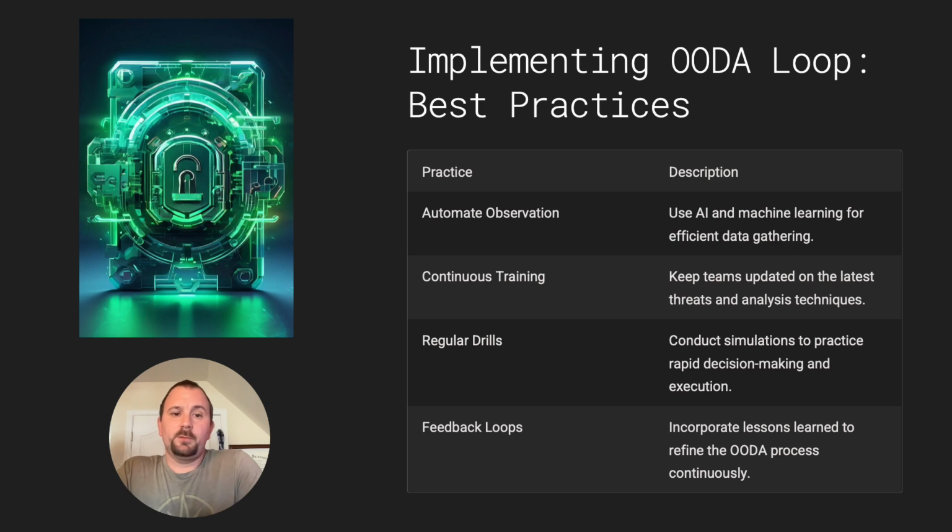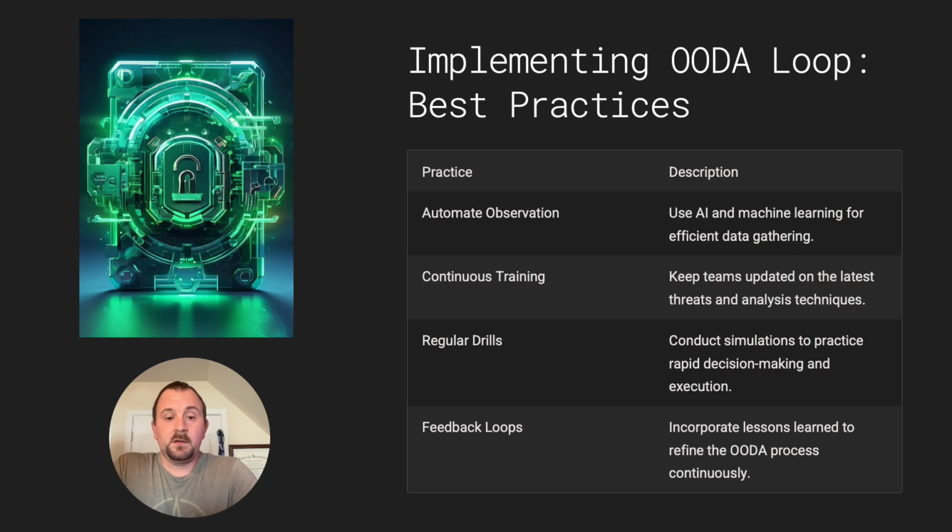To implement the OODA loop effectively, we need to consider the following best practices. First one is automate observation using AI and machine learning to streamline data collection. For those who have been in the field, manual tasks are not always repeatable. They're very time-consuming and prone to errors. Next, we need to provide continuous training to keep our teams updated on the latest threats and techniques.